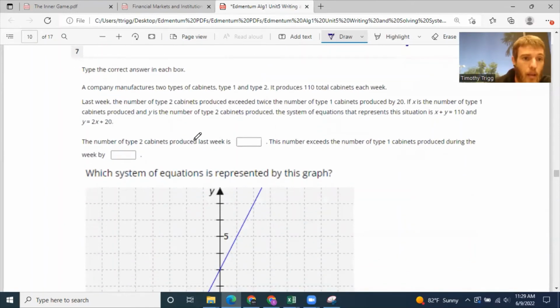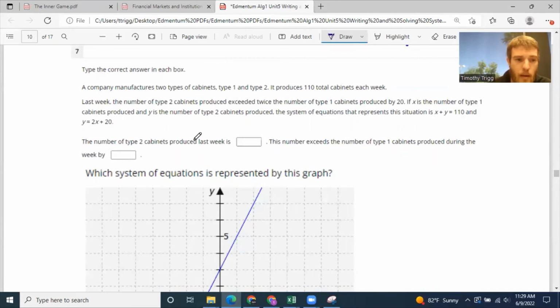Next question. A company manufactures 2 types of cabinets, type 1 and type 2. It produces 110 total cabinets each week. Last week, the number of type 2 cabinets produced exceeded twice the number of type 1 cabinets produced by 20.